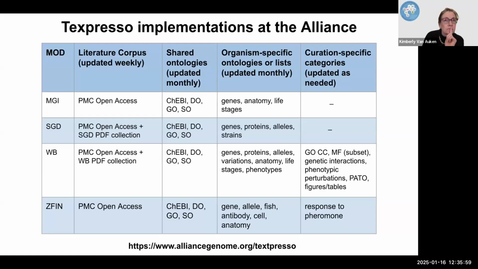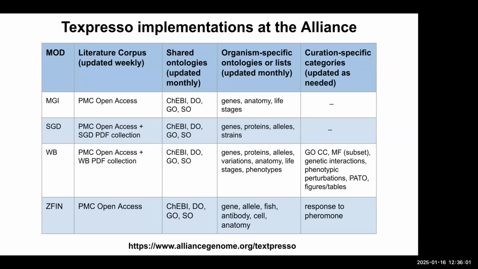At SGD, when I was still there, we started using Textpresso, and it can be really useful for searching and finding the papers that you really want. I noticed that I think ZFIN doesn't have their PDF corpus included yet either. So I was wondering if there were plans to add to those Textpresso instances the PDF corpora curated by those respective databases.